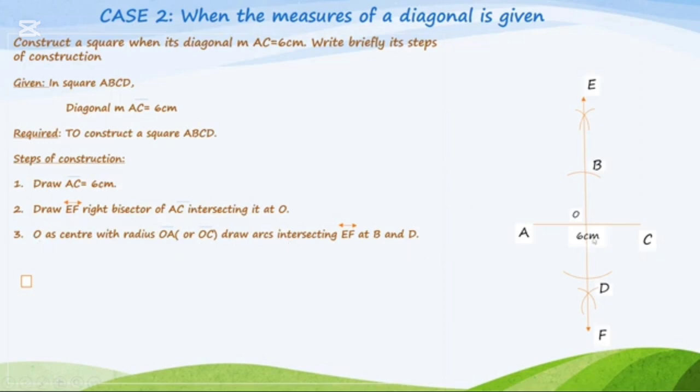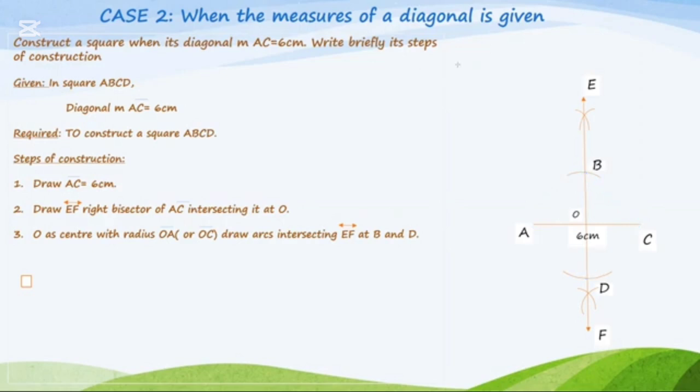Draw arcs which intersect EF at point B and D. Now finally, students, take the ruler in your hand, and join point A to B, B to C, C to D, and D to A properly, respectively.